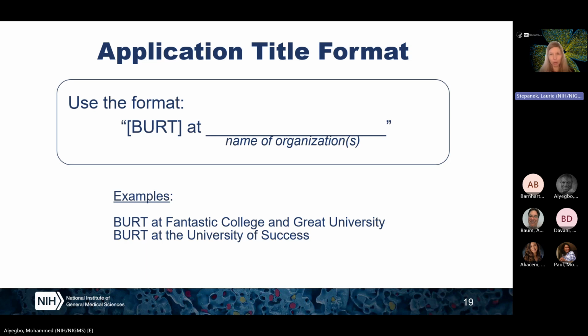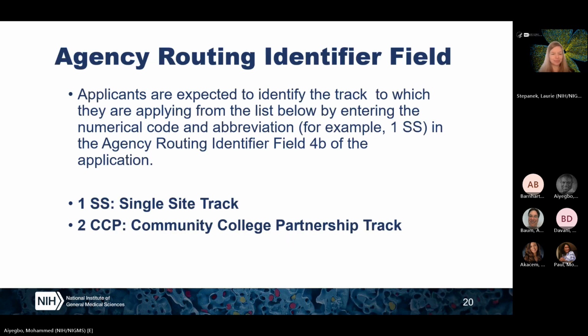You can name your program something different, but this standard title helps us administratively. Next slide, please. In the agency routing identifier field, you must enter the code for the single site, 1SS, or the community college partnership track, 2CCP.